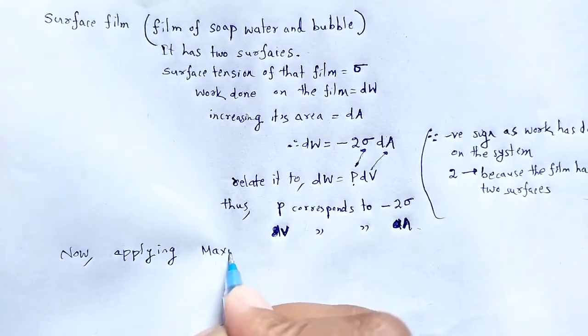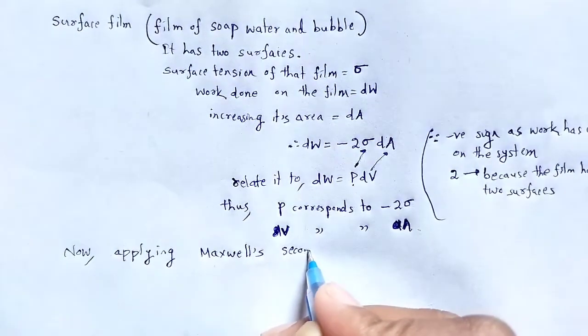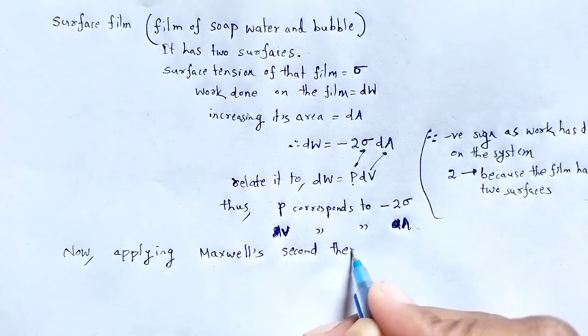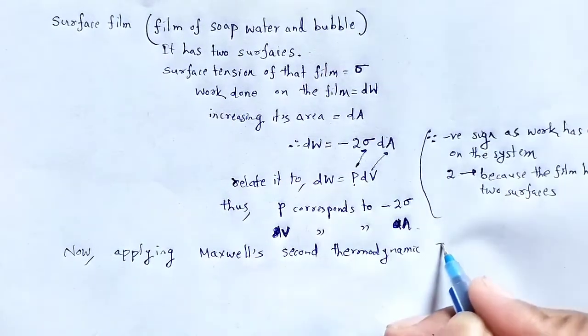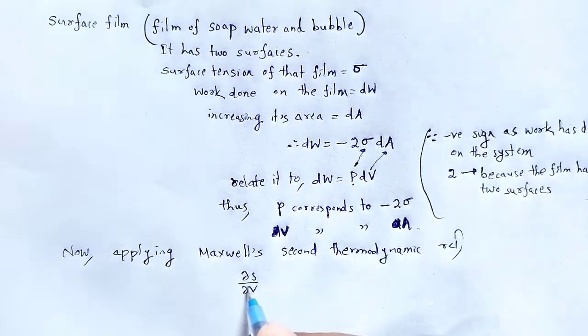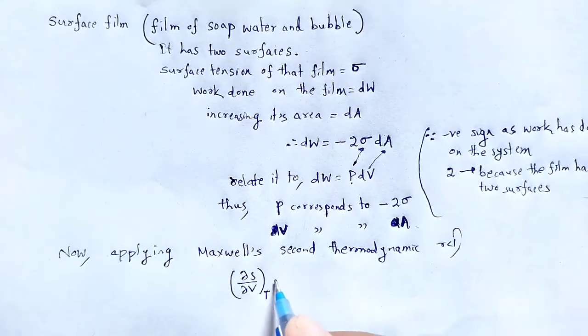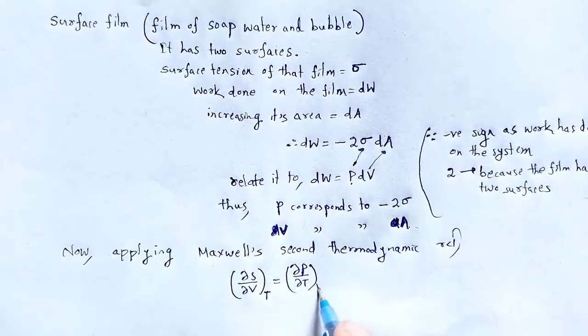Maxwell's second thermodynamic relation is del S by del V at constant temperature is equal to del P by del T at constant volume.